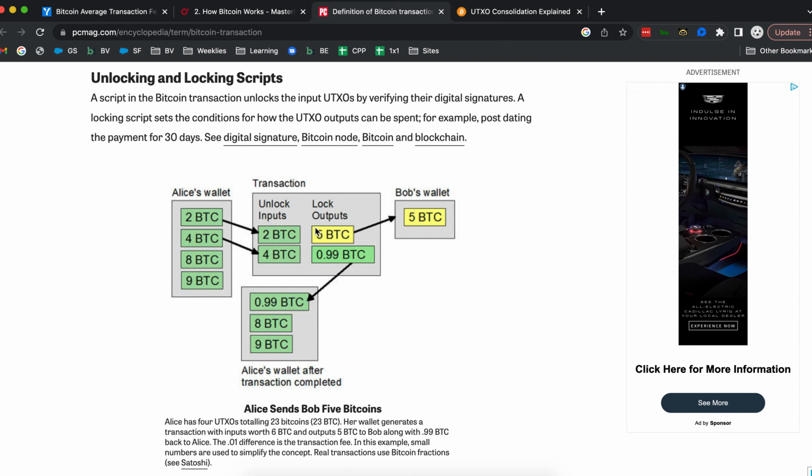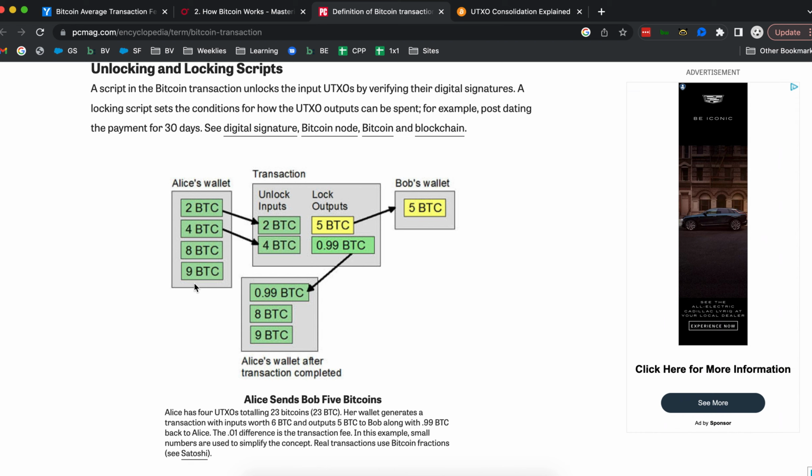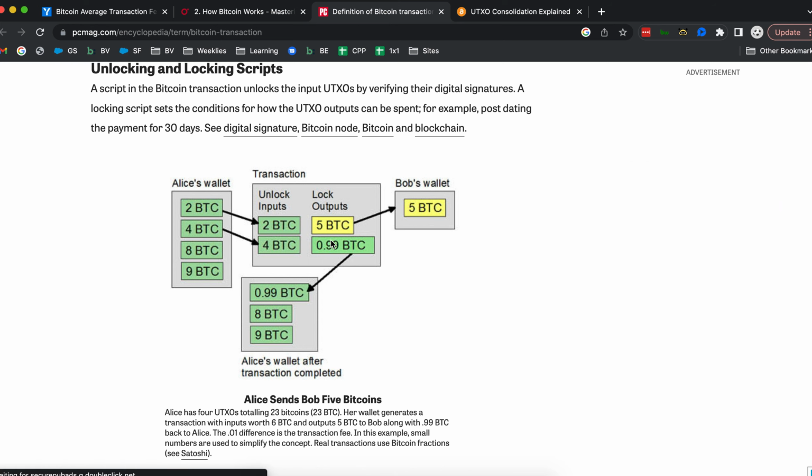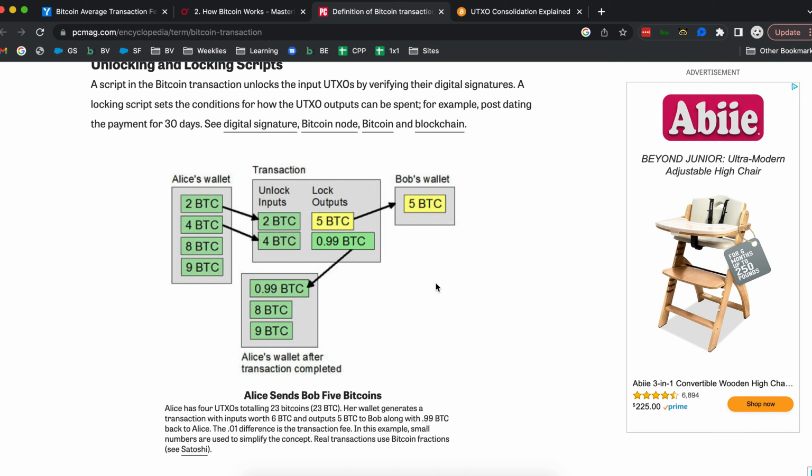Then a new UTXO will come back as change to Alice's wallet. As a result, we'll take 2 UTXOs and we'll have 2 new ones, resulting in just 3 UTXOs. So you can see with Alice's wallet, in this simple case, she's actually consolidated 2 of her transactions into one, and then a new UTXO was sent to Bob's wallet.